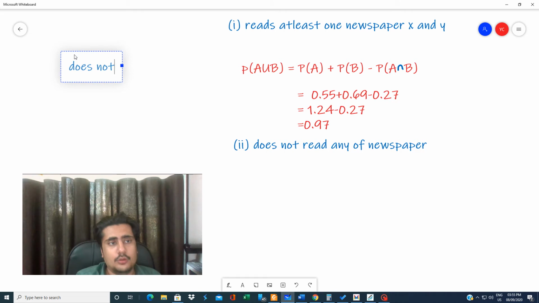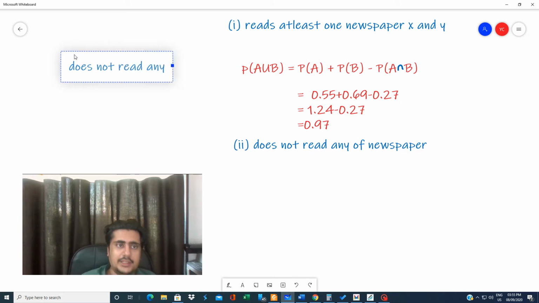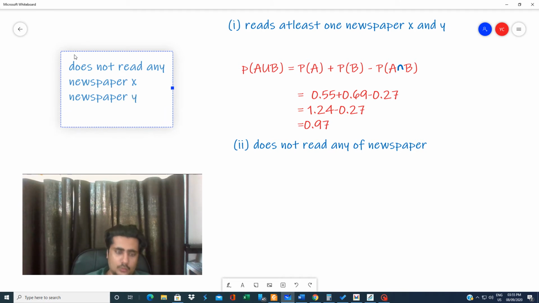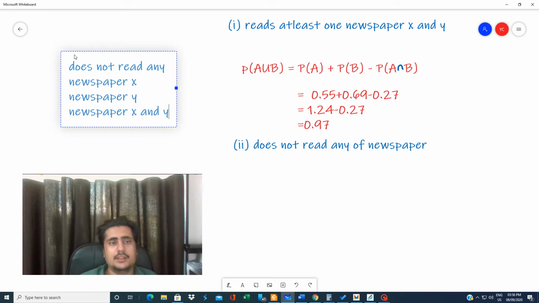You will not read any newspaper, or you will read newspaper X, or you will read newspaper Y, or you will read newspapers X and Y. These are the total possibilities.